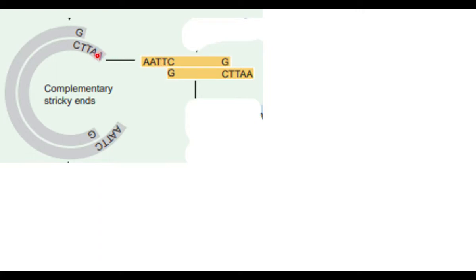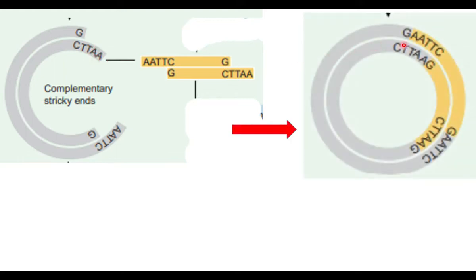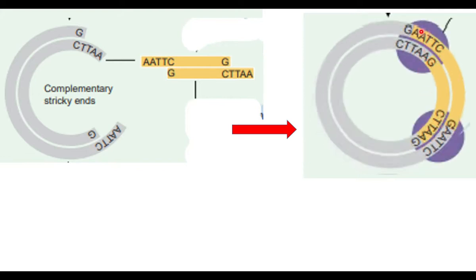When these two are mixed together, they will join because these complementary nucleotides form pairs and form an rDNA. These ends are sealed by DNA ligase. DNA ligase makes a phosphodiester bond between the sugar and phosphate of the two ends.